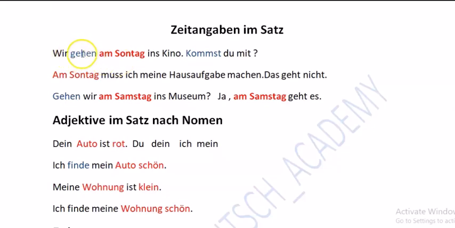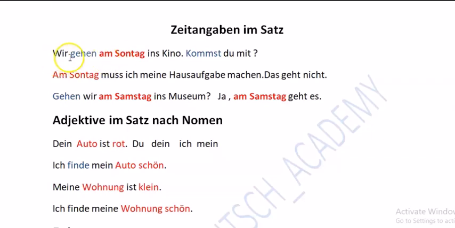We have studied in our second lesson that we use a verb in second position in a statement. So the verb is used in second position, and the adverb of time in a statement is used in third position, after the verb.